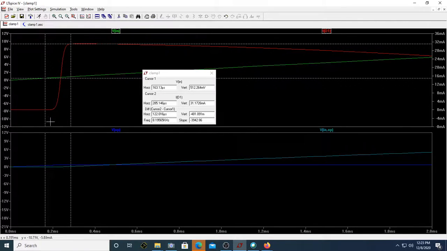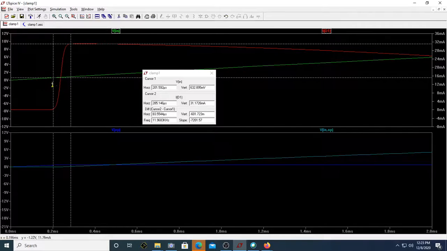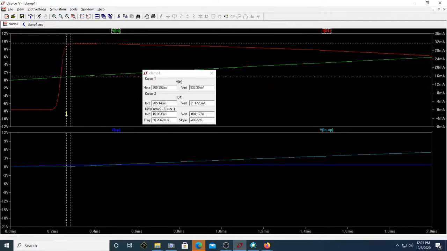That happens when the input voltage is 632 millivolt. Current starts increasing and goes to peak when the input voltage is around 860 millivolt. So the diode has started conducting.